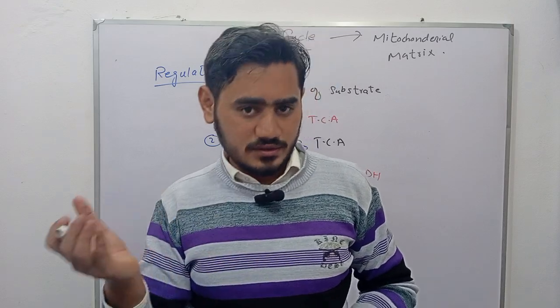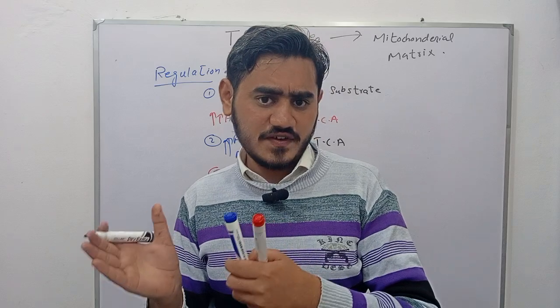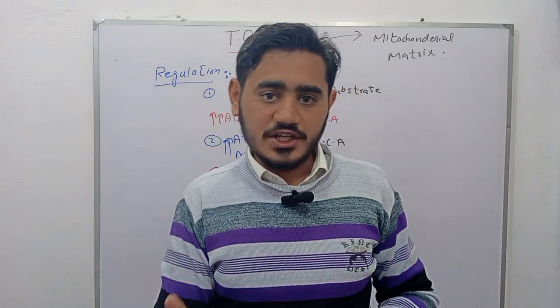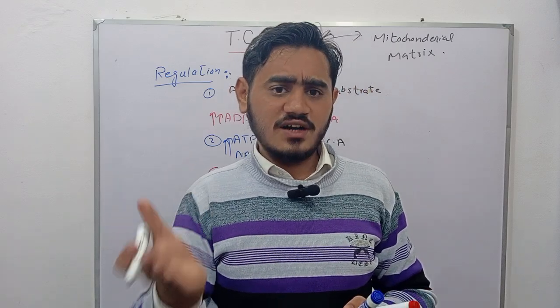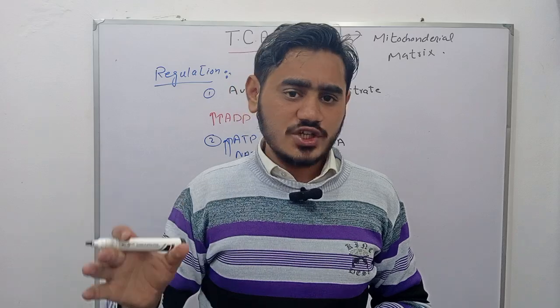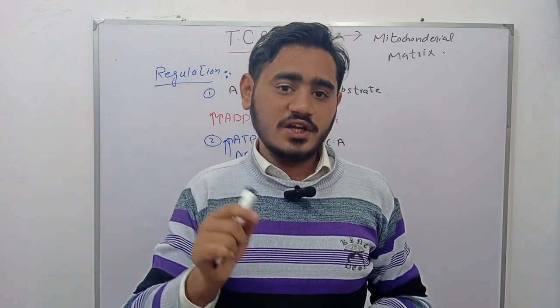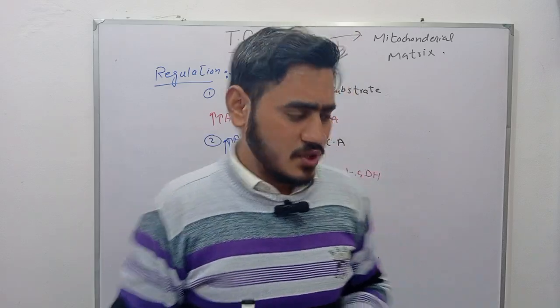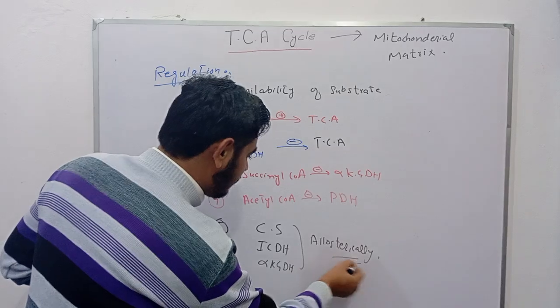It depends upon the effector. If the effector is an allosteric activator, then it will enhance the activity of the enzyme. If the allosteric effector is an inhibitor, then it will reduce the activity of the enzyme. So these enzymes are all regulated allosterically.